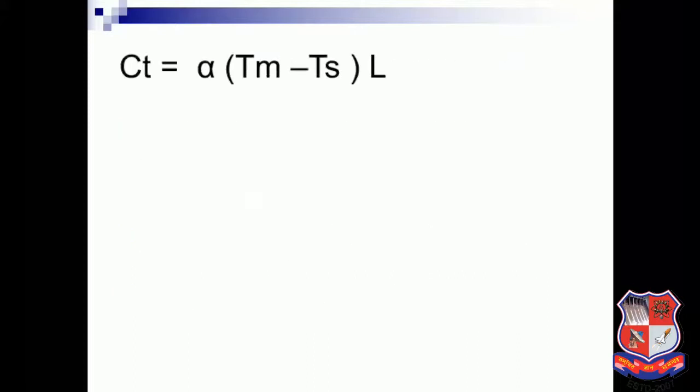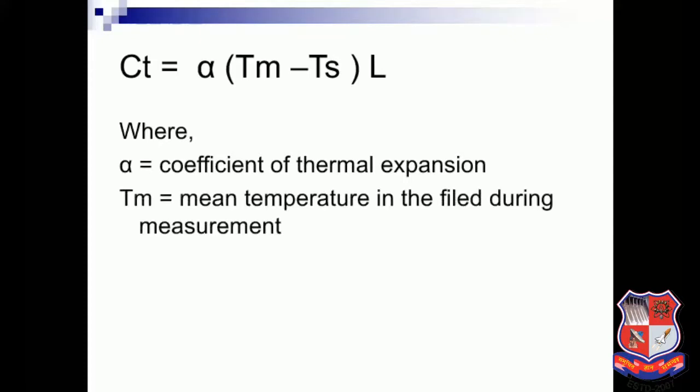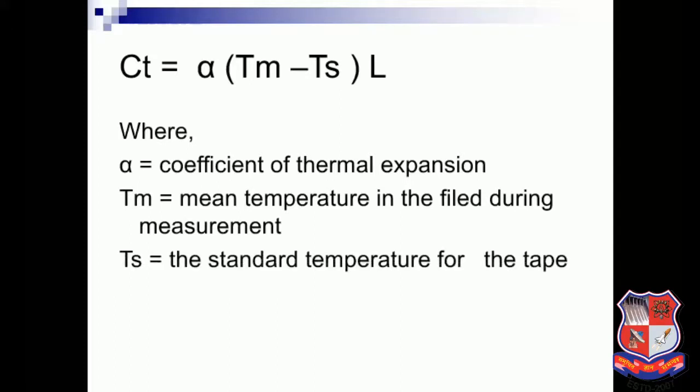So the formula for the correction is Ct is equal to alpha into Tm minus Ts into L, where alpha is equal to coefficient of thermal expansion, Tm is equal to mean temperature in the field during the measurement, Ts is equal to standard temperature for the tape, L is equal to measured length.